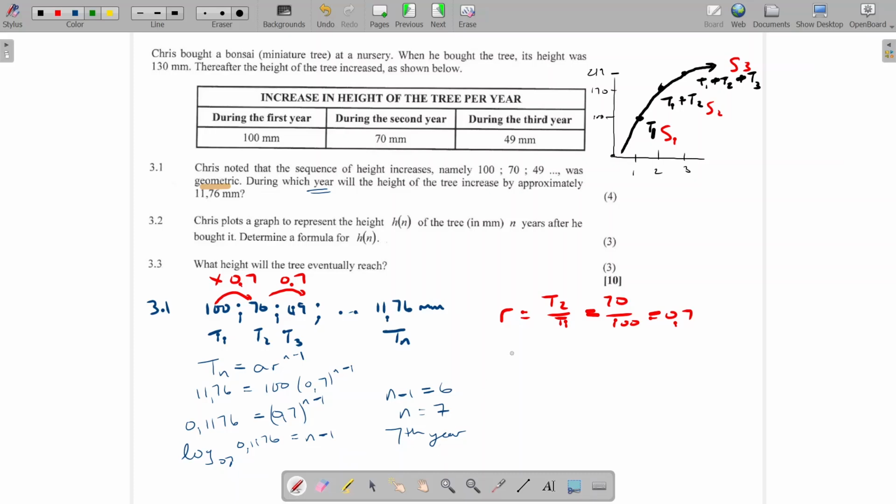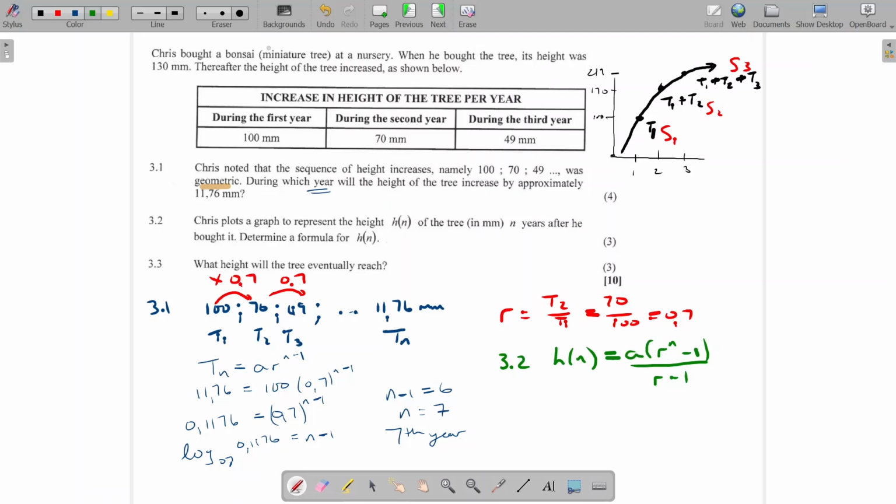3.2, h of n would equal a times r to the n minus 1 over r minus 1. Okay, or we could do the reverse of that, but we don't want it with variables, we want it with the values.